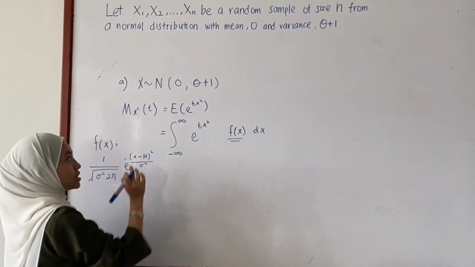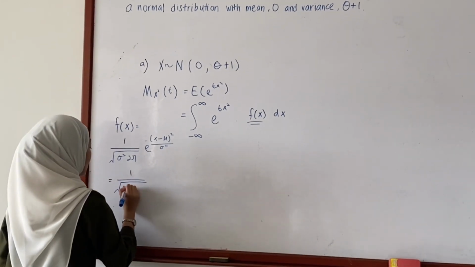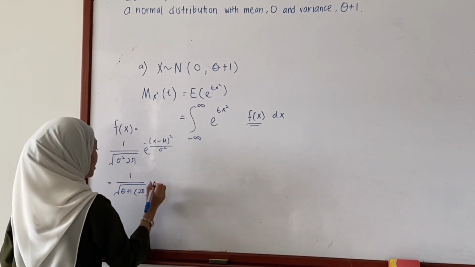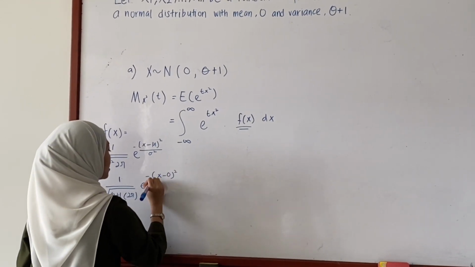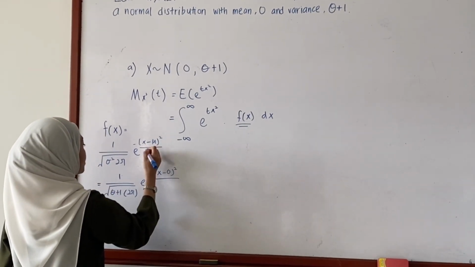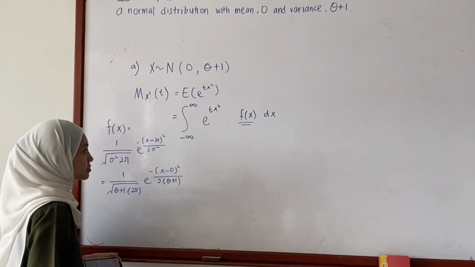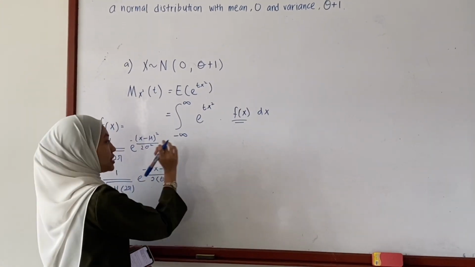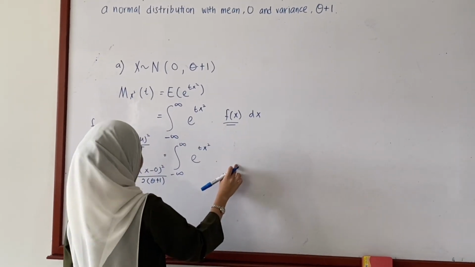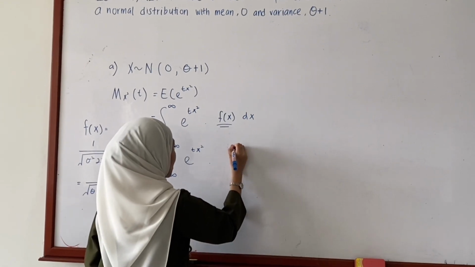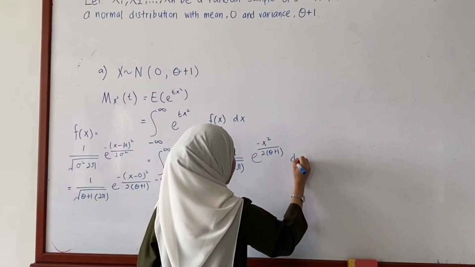After that, we need to substitute the mean and the variance here. Therefore, we will get 1 over the square root of 2 pi times theta plus 1, multiplied by e to the power of x minus 0 over theta plus 1. For the next step, we write down the PDF of the normal distribution again, dx.